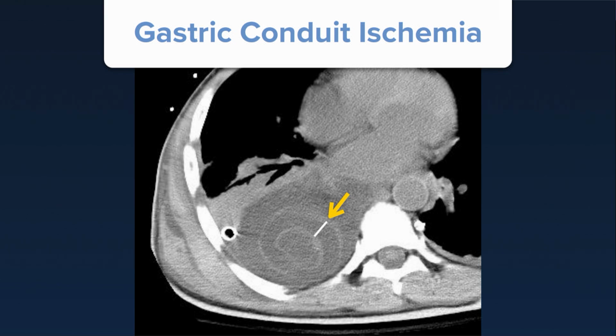And so, in fact, this conduit was completely ischemic and had started to necrose and needed to be removed. So the stomach is the preferred conduit for esophagectomy. But if you lose the conduit, then you have limited options. And so you may end up with a colonic interposition as the treatment for this.